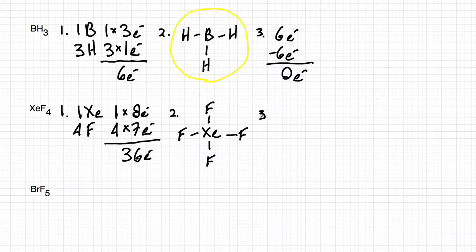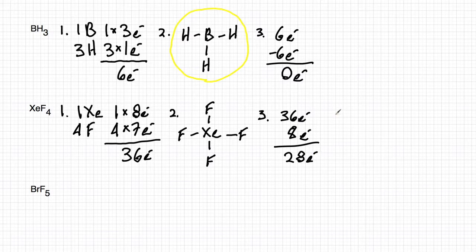And for our counting step, step number 3, we started with 36 electrons. And we have 2, 4, 6, 8 electrons in our trial structure. And so that means we have a whopping 28 electrons that we have yet to put down.